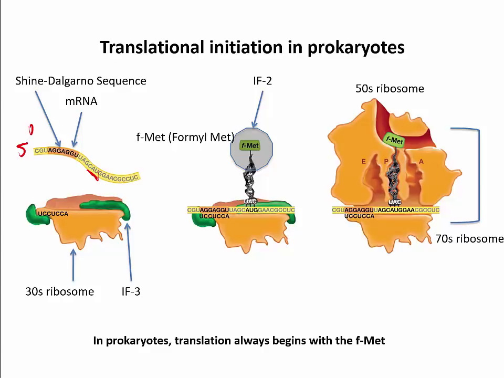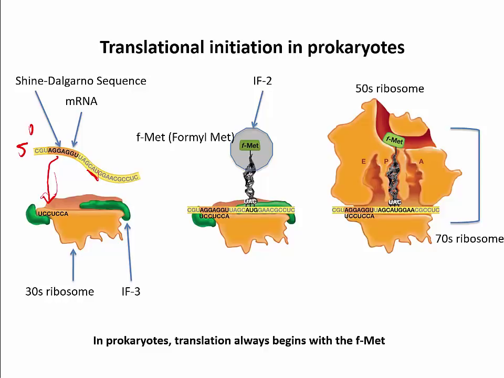That sequence is complementary to a sequence on the ribosomal subunit. And here we have the small subunit of the ribosome. The Shine-Dalgarno sequence is complementary to there, and so those two sequences of RNA find each other. They create hydrogen bonds, and what that does is it sets up the AUG, or our start codon, in the right location on our ribosome.